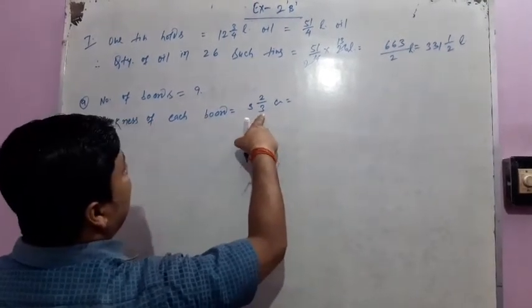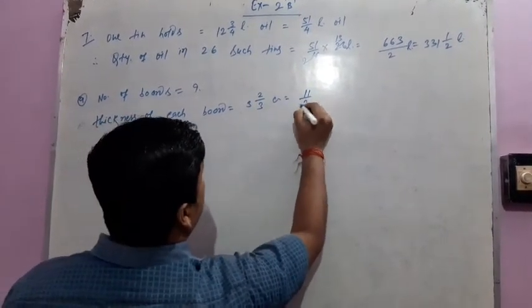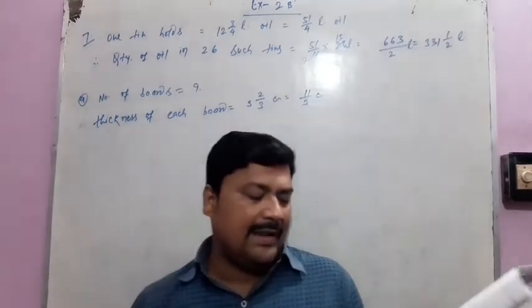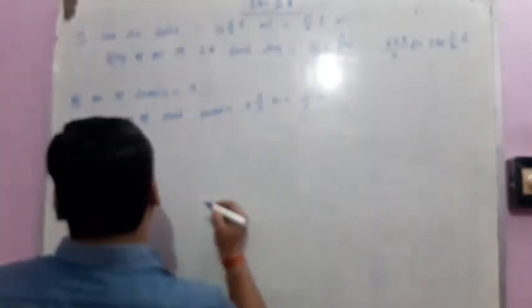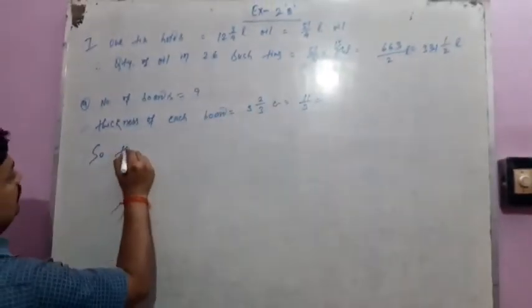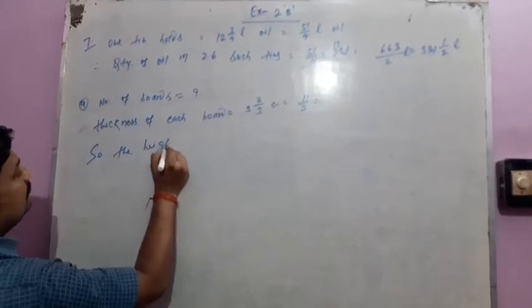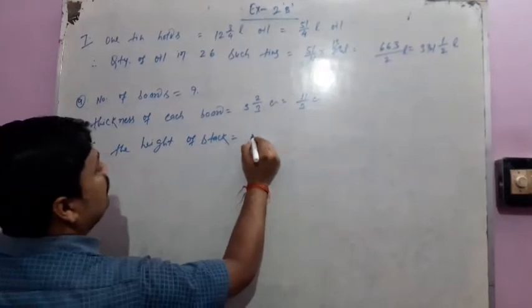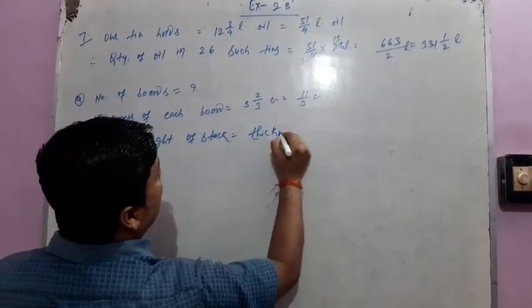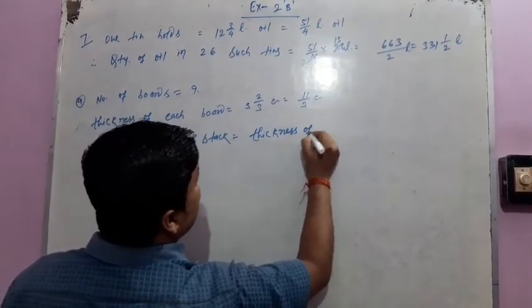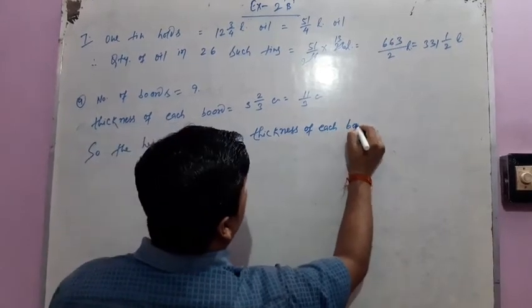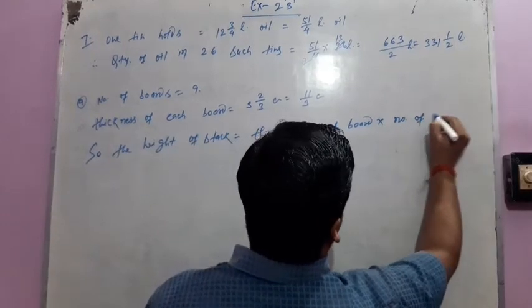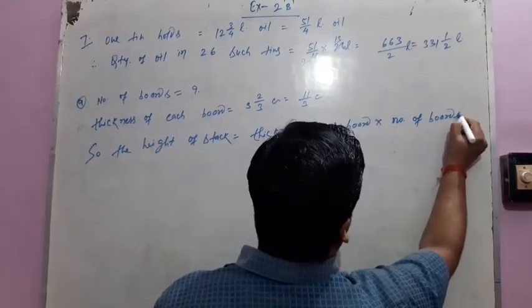So we have to solve it. 3 3 9 to 11 by 3 centimeter. Now it is asking in question, how high is the stack? So the height of a stack is thickness of each board multiplied with number of boards.